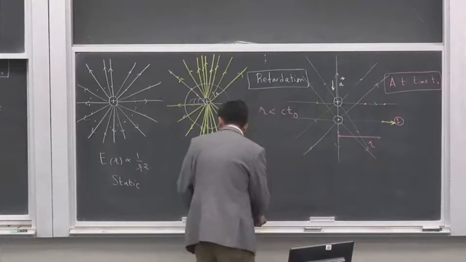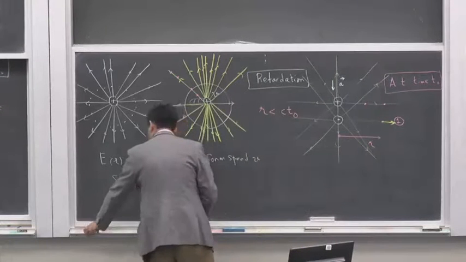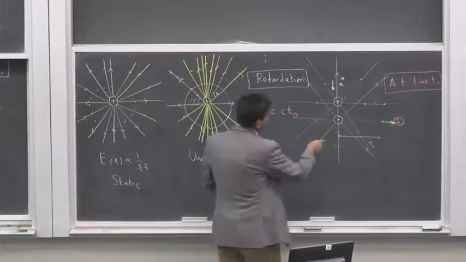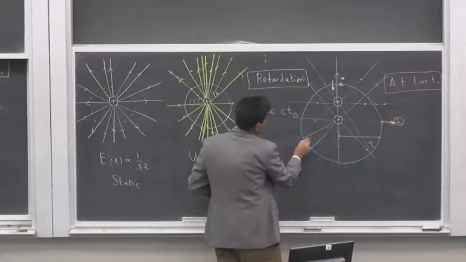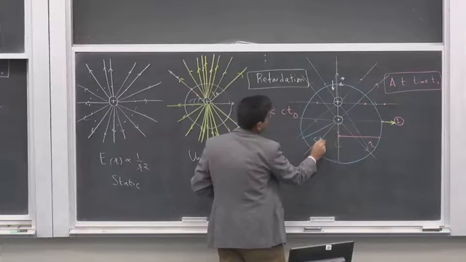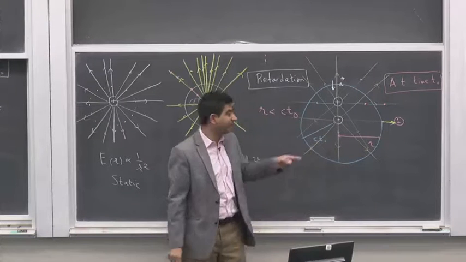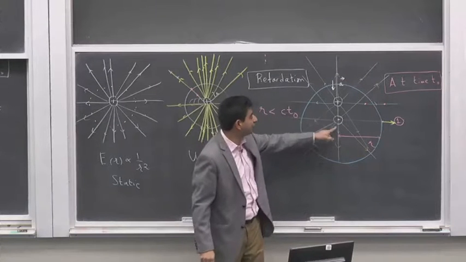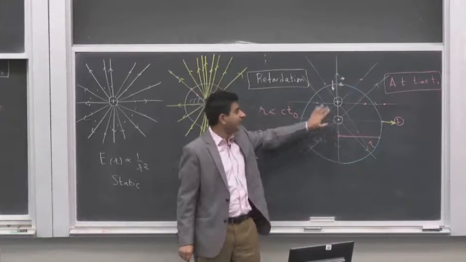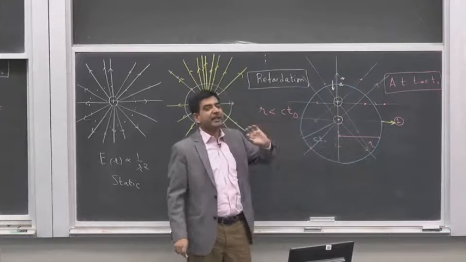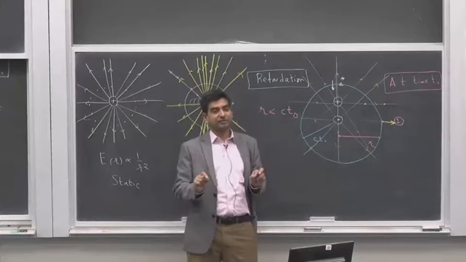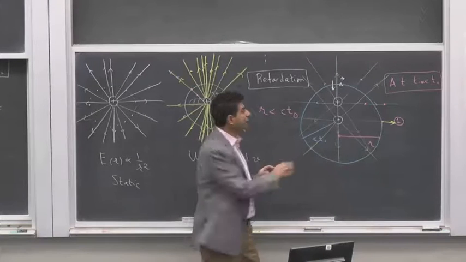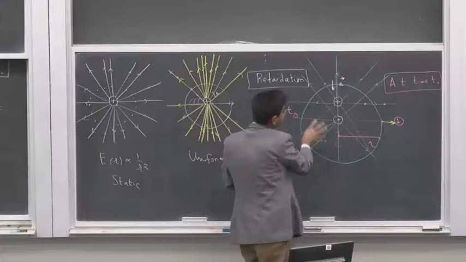If I were to make a sphere around the new position of the charge at time t0, and the radius of this sphere is ct0, then the electric field will be pointing radially outward from the new position of the charge. Inside this region, the information that the charge has moved to a new position has been transmitted to all observers inside this volume.